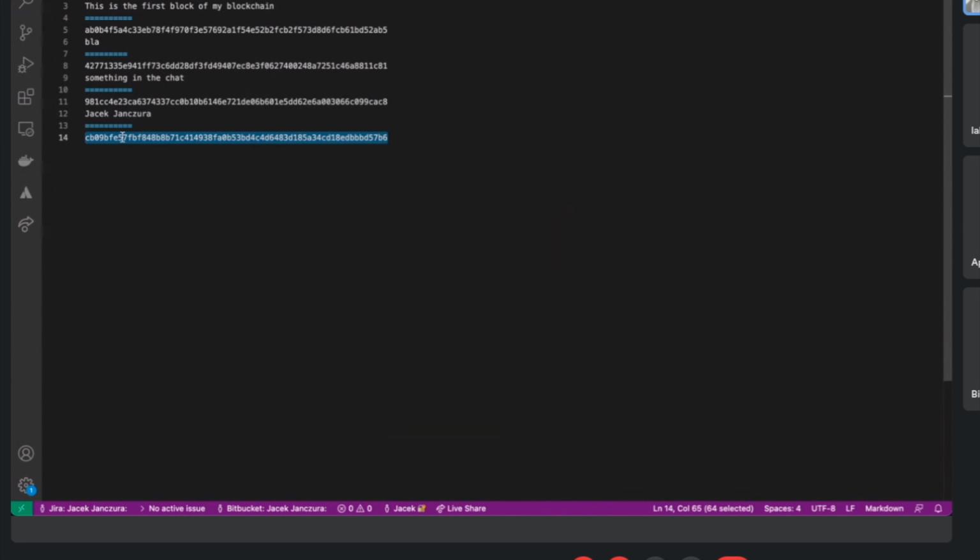So it's super easy to check that I modified something. If I modify a string in the third block, so something in the chat, this hash will be different, and this hash will be different. So it's super easy to check which block was modified and where someone tried to corrupt the data.